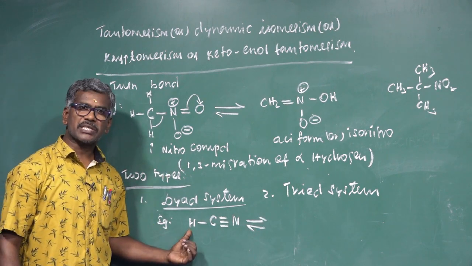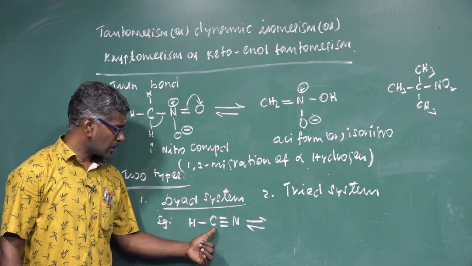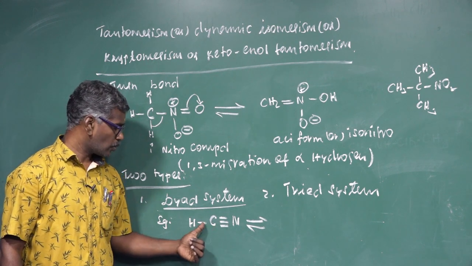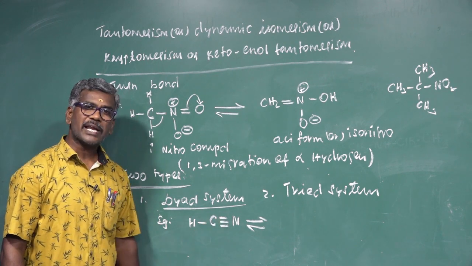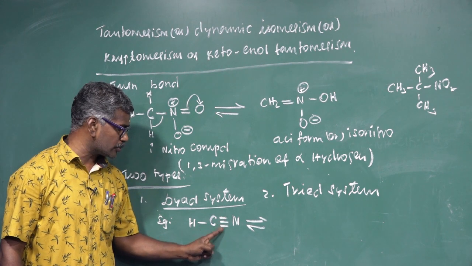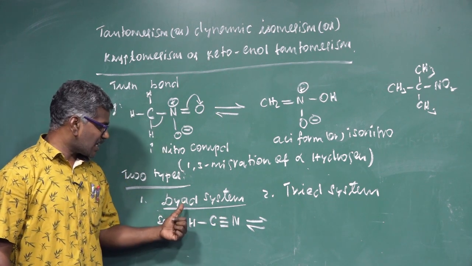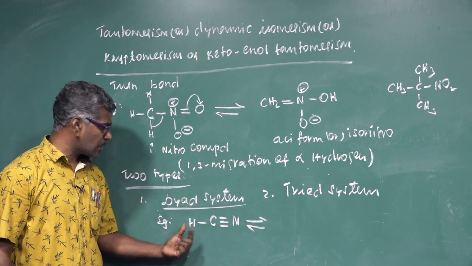what is the valency of hydrogen? Hydrogen valency 1. Carbon valency 4: 1, 2, 3, 4. Nitrogen valency 3: 1, 2, 3. What is the definition for the diad system?